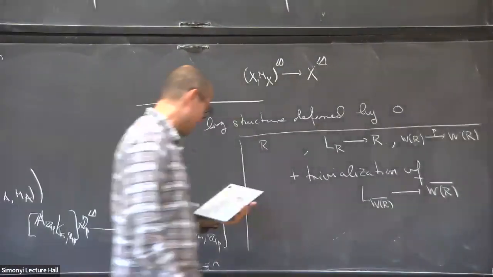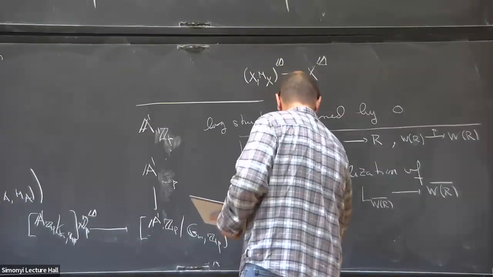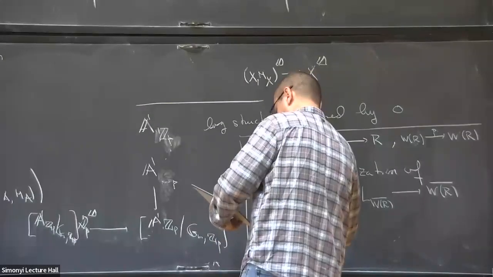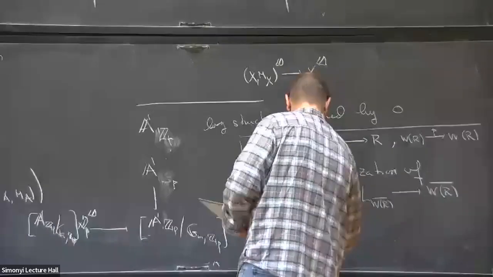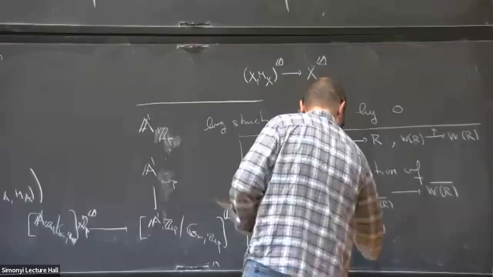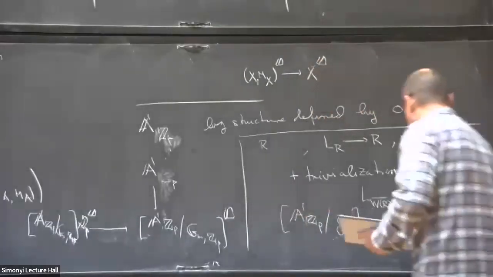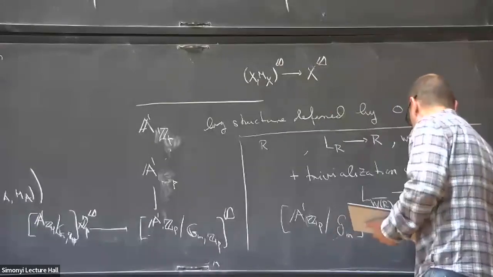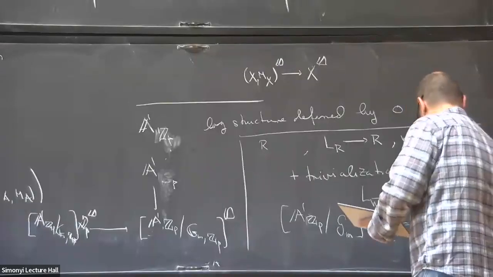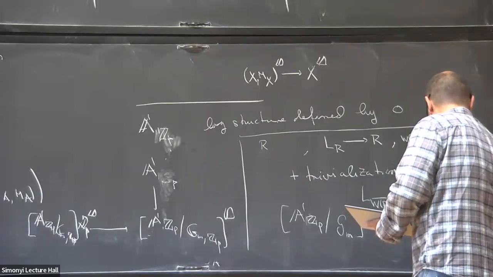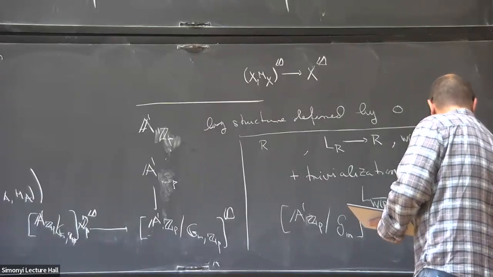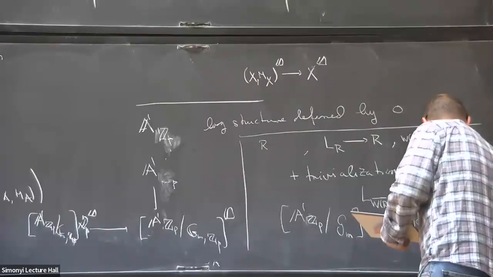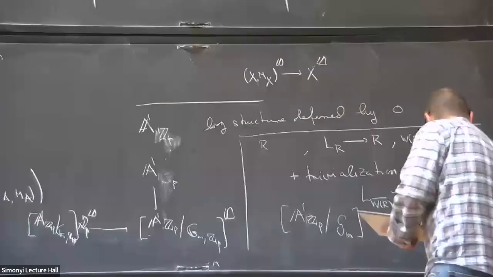But what the answer should be, I think in this case, should be A1 over Z_p, G_m hat, where G_m hat is the kernel of G_m over Z_p mapping to the prismatization.